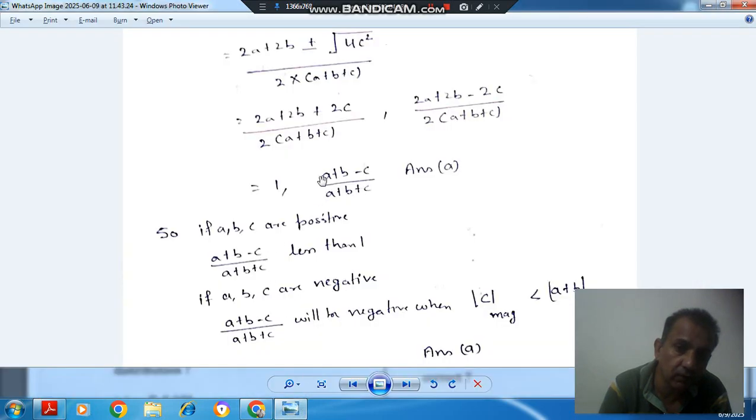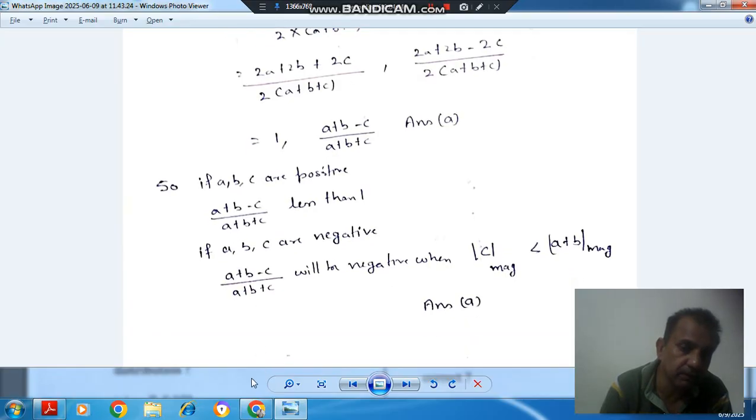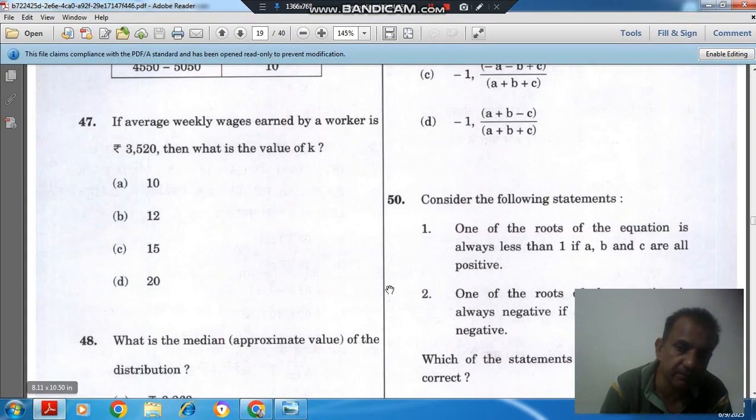If we take a, b and c all positive, then the numerator will be less than the denominator, because in the numerator a + b − c is there, which will be less than a + b + c, so it will be less than 1. So the first statement is correct, but the second statement is not correct.